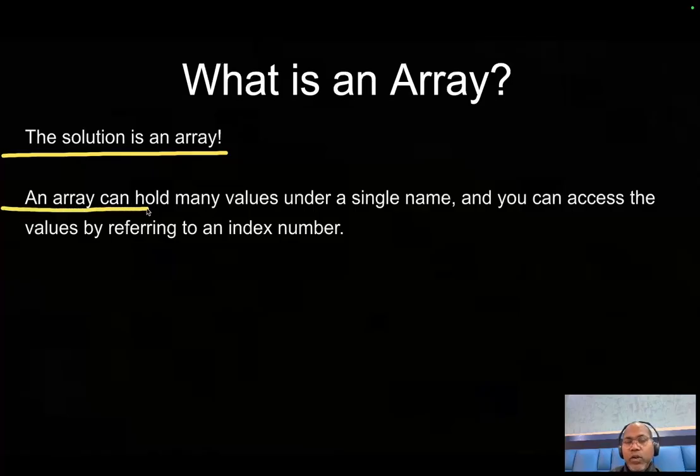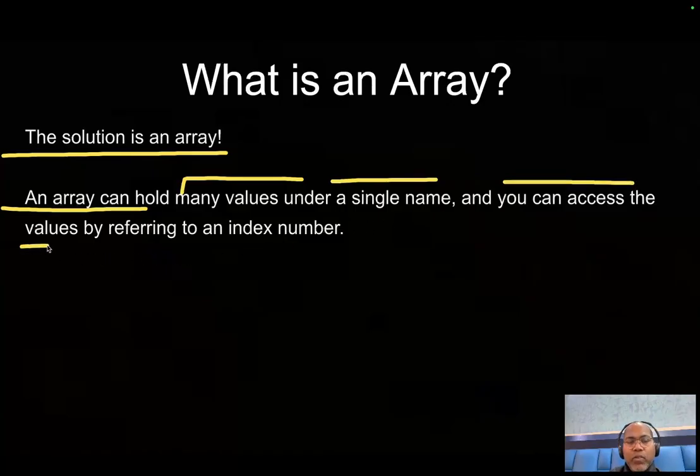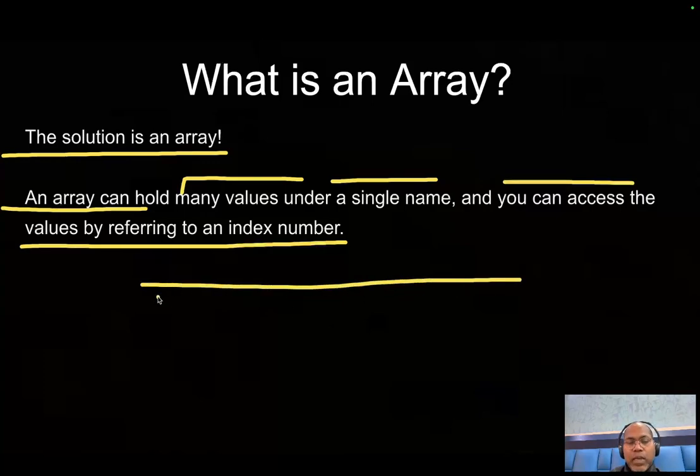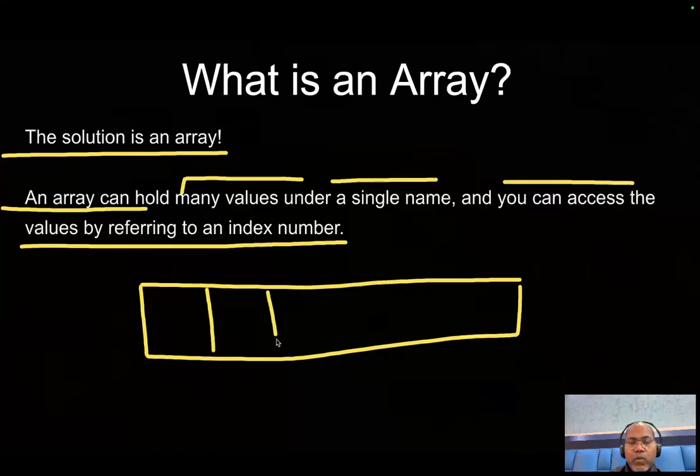An array can hold many values under a single name. You can access a value by referring to its index number. So an array is just like a placeholder where you store multiple values: 4, 5, 2, 3, 6, 9.